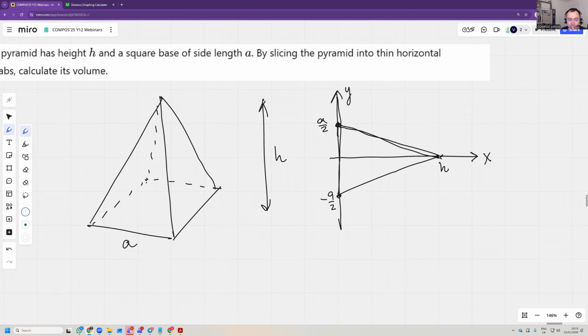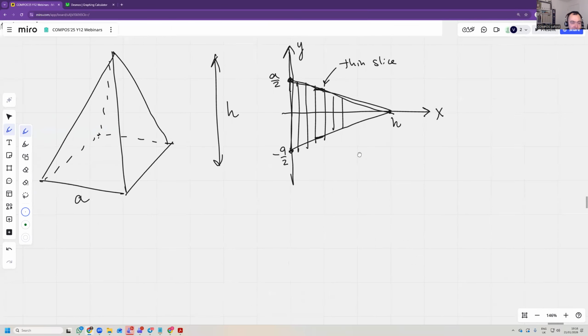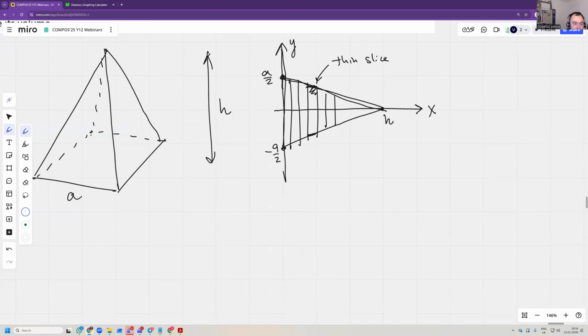So now I'm going to cut the pyramid into slices like this. If you take one slice, which is a very thin slice, it has this shape. It is a cuboid.